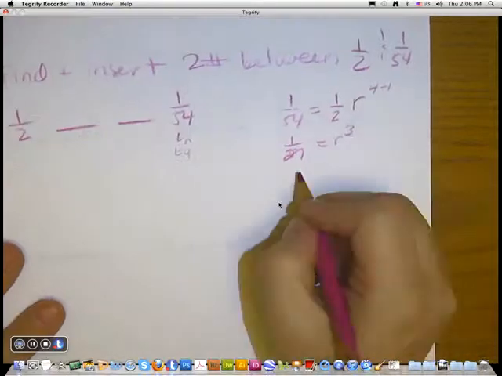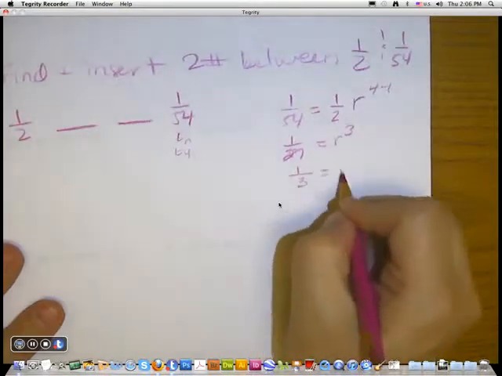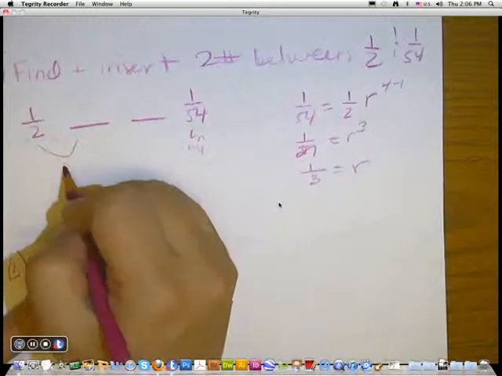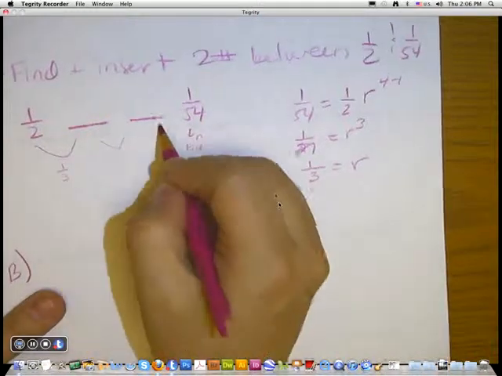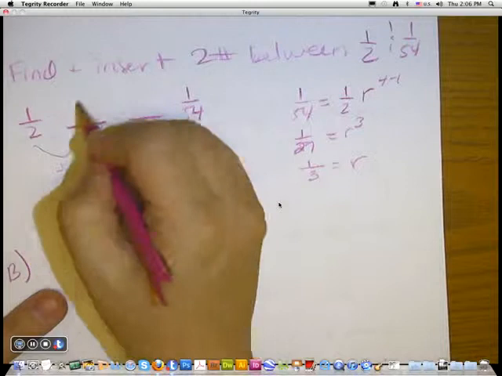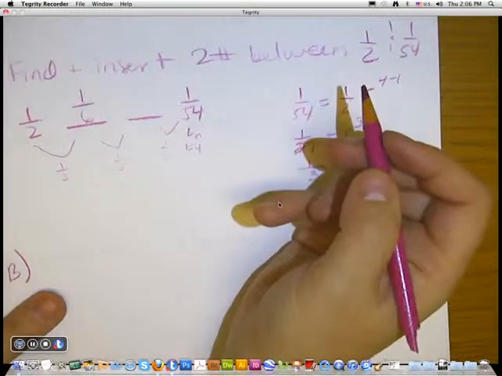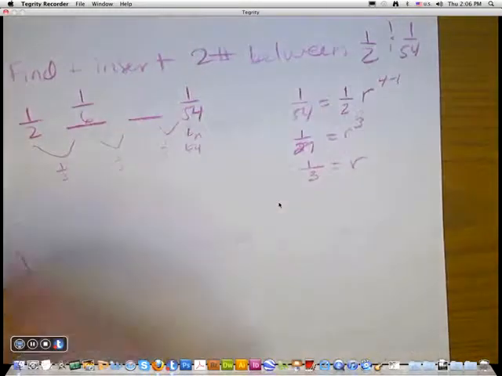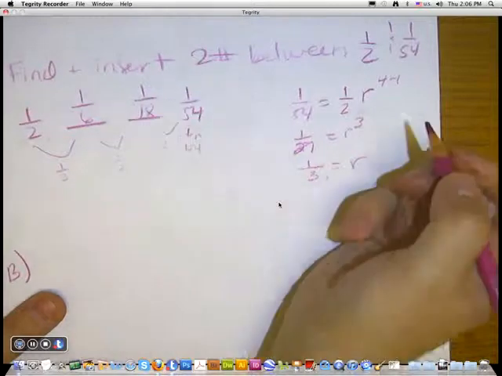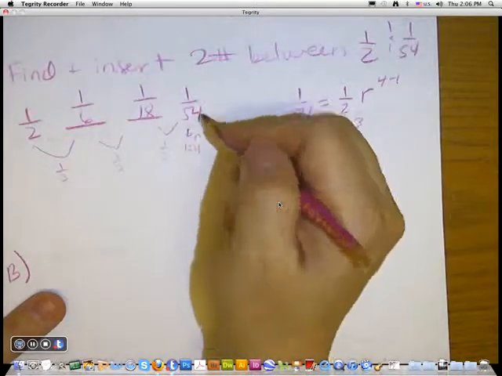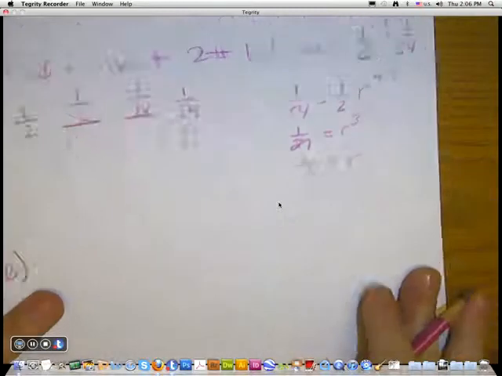I'm going to cube root both sides, so I get 1/3. So that means multiply by 1/3. I get 1/6. I get 1/18. And if I multiply by a third again, I better get 1/54. And I do.